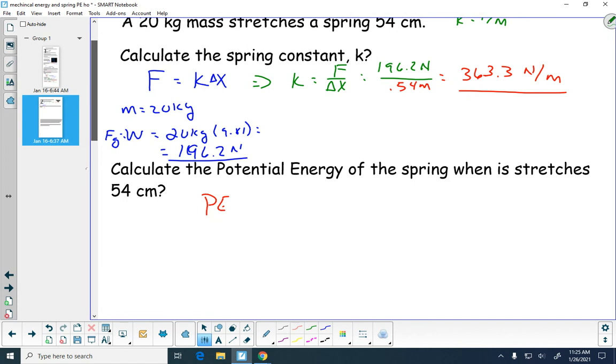Now it's stretched. It has potential energy. The potential energy is for it to go back up. It has potential to go back up. If it's just sitting here, there's no potential in it. Once I stretch it out, there is potential for it to move. So if I let go of it, it goes back up.